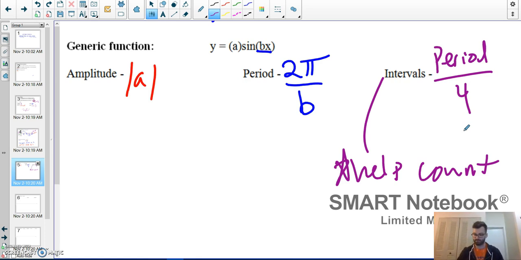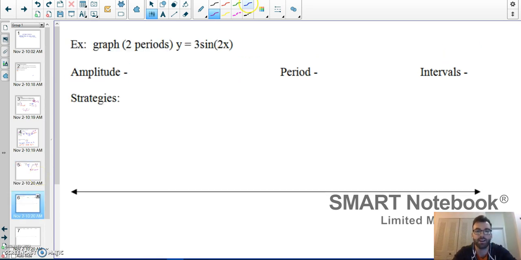All right. Well, let's try one. We're going to graph two periods of y equals 3 times the sine of 2x. Our amplitude, which is affected by our 3 here, is the absolute value of a, so I take the absolute value of 3, which is just 3.